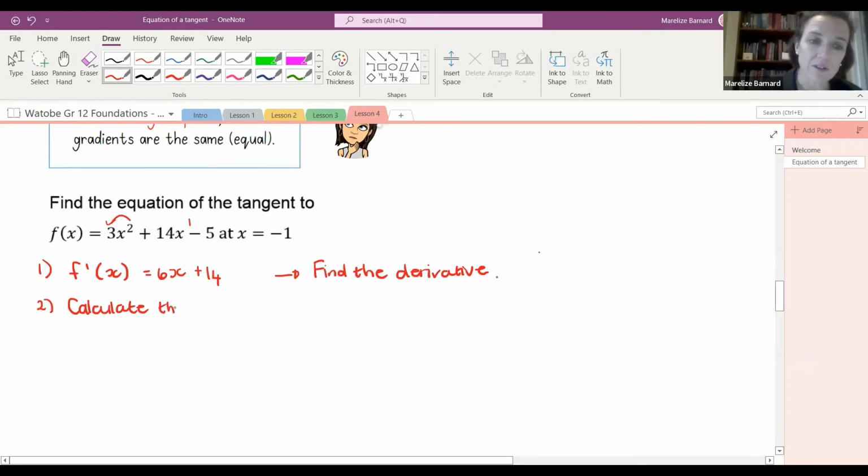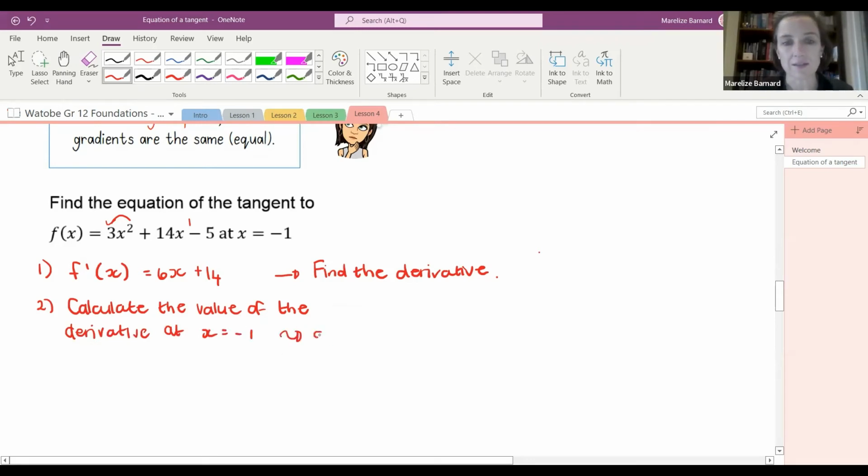Calculate the value of the derivative at x equal to minus 1, because what that gives us is the gradient of the straight line at this point.